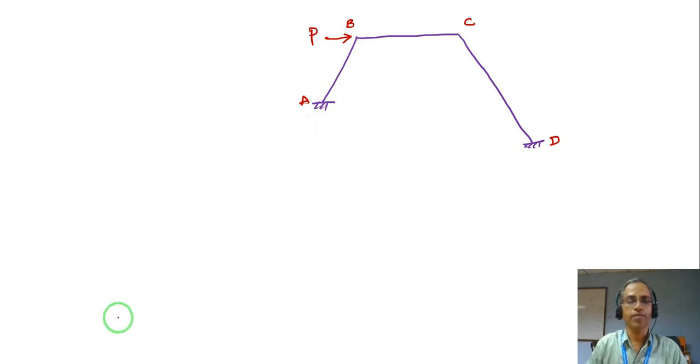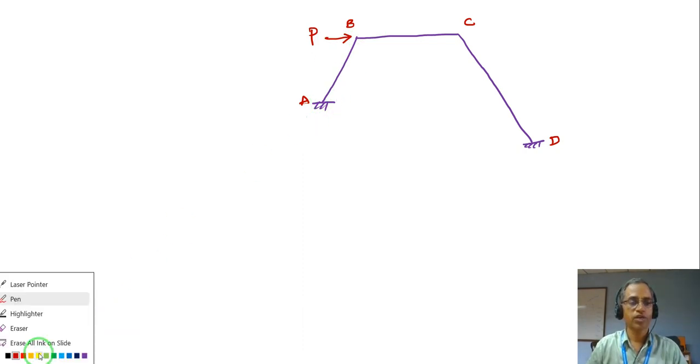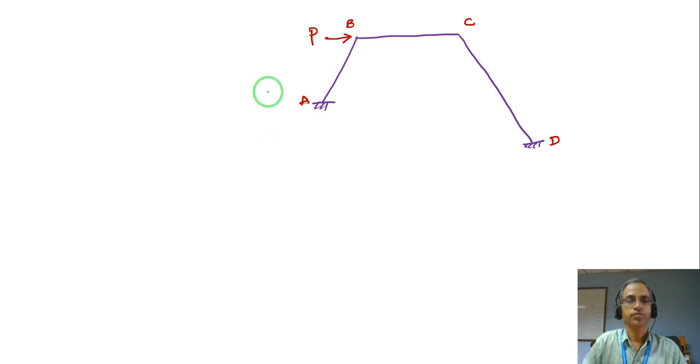to the right side. If I draw the deformation diagram, it goes like this and something like this. Then CD will also deform because of this lateral load, but the deformation of the leg AB is always perpendicular to the member AB, which is very, very important.